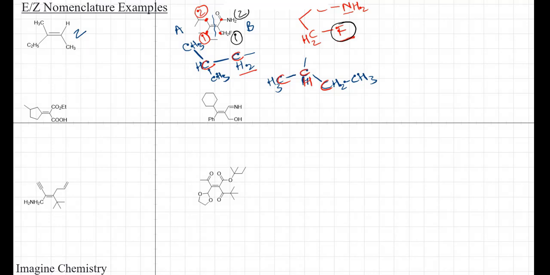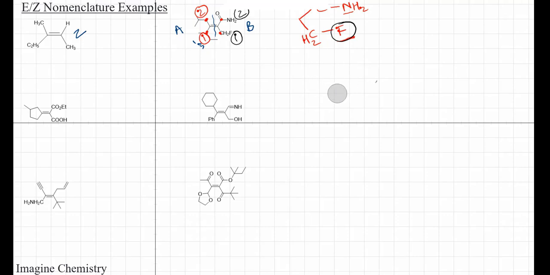So you don't assign the number based on the number of heteroatoms or the size of the group. You just assign the priority based on the atomic number and nothing else. So now to conclude, the two top priority groups are on the similar side for this molecule. So which isomer will it be? It will also be Z isomer.